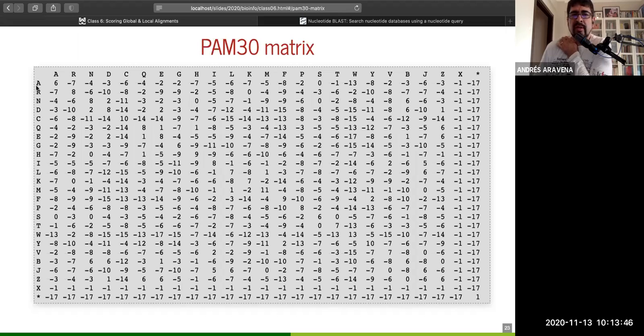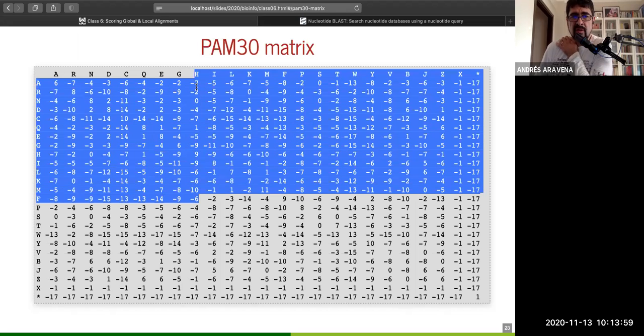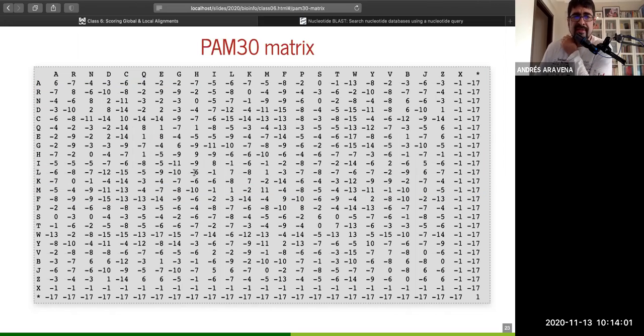So when you get an alignment, you will get a letter in one sequence and a letter in the other, one letter in the query and a letter in the subject. You go to the column and find the cell that intersects the letter in the query with the letter in the subject.